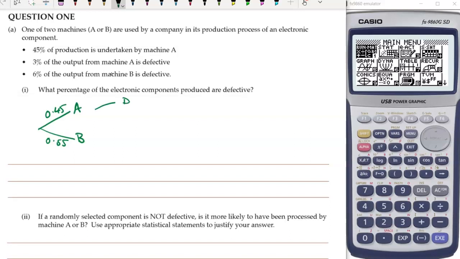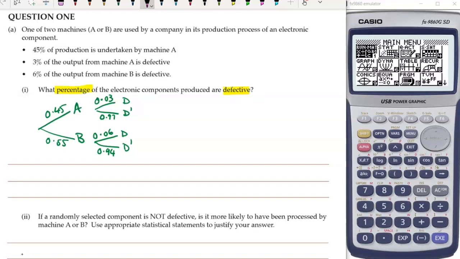For A, for them to get defective parts from A, it's 0.03. So not defective is 0.97. From B, the chance of a defective one is 0.06. So not defective is 0.94. Then we want the percentage of the ones that are produced that are defective.